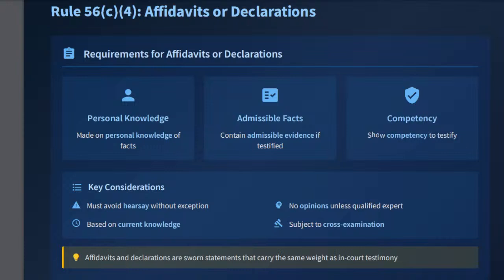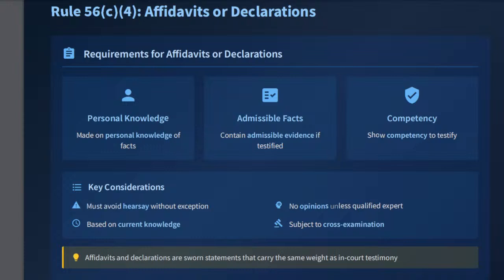So again, these are all elements that need to be present. The key considerations for affidavits and declarations, as always, we've gone over this: it must avoid hearsay without exceptions. There are exceptions to the hearsay rule, but typically in these affidavits and declarations, you want to avoid that hearsay.